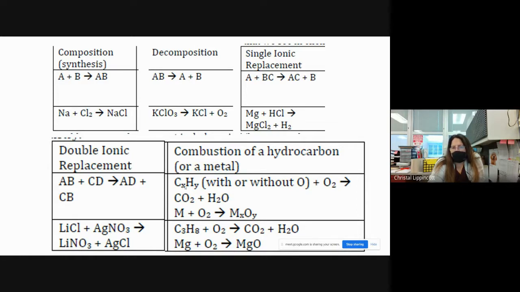Combustion of a hydrocarbon, then you've got your hydrocarbon, you've got your oxygen present, and so it looks like something like this. And then I guess that's not balanced though. And then here you would have just a combustion reaction with a metal, and then you're going to form a metal oxide. Okay.